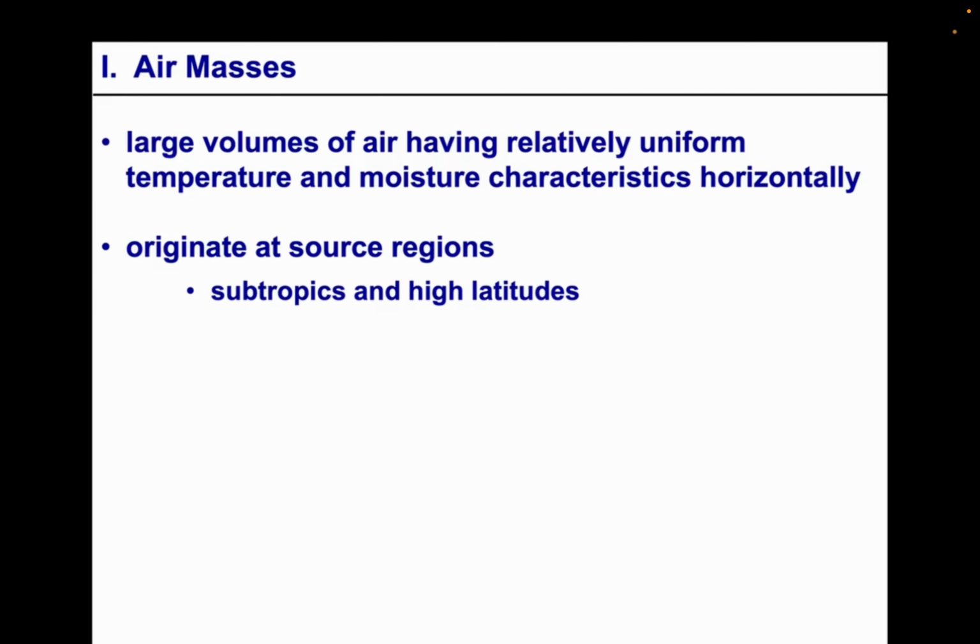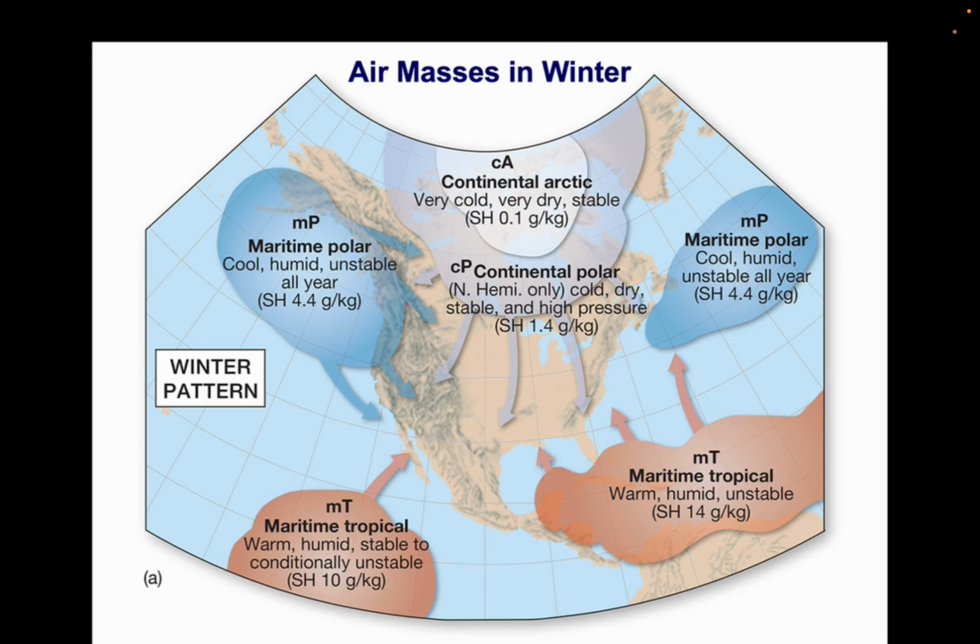So we're looking at temperature and moisture, and also where they come from, right? So there are four very important types of air masses, right? And a small one you'll see in the next slides, but these are the most important ones. We have the continental Arctic and the continental polar, the maritime polar and maritime tropical, right?